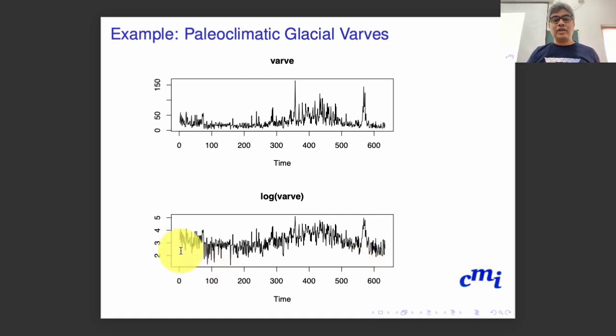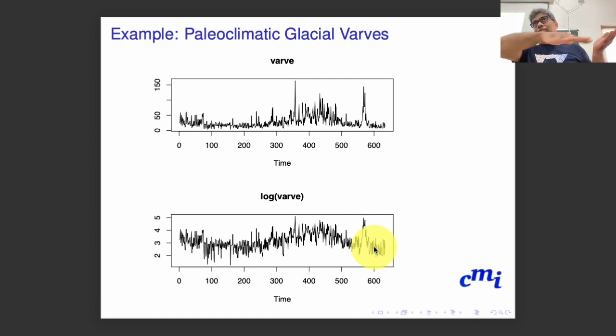If you can fit a nonlinear trend line and subtract that nonlinear trend line, then all these values will become a mean stationary process.